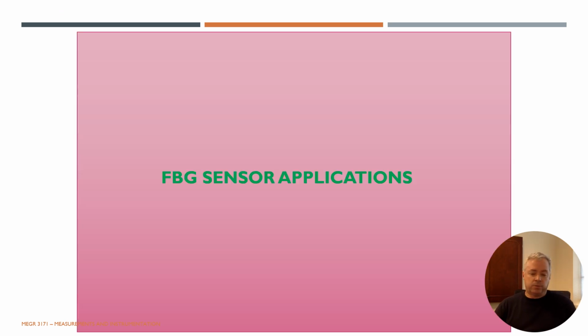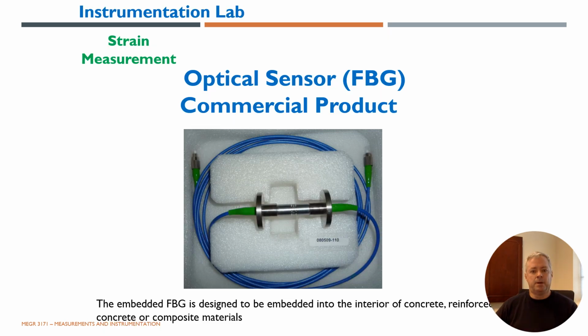So now we're going to talk about some of these fiber Bragg grating applications. We kind of went over the theory, so now let's look at some ways they're used. So here's one of these fiber Bragg grating strain gauges. And the cool thing about them is these get embedded in materials.